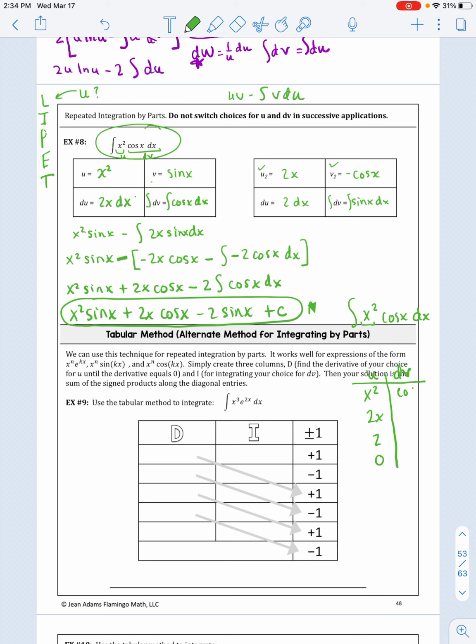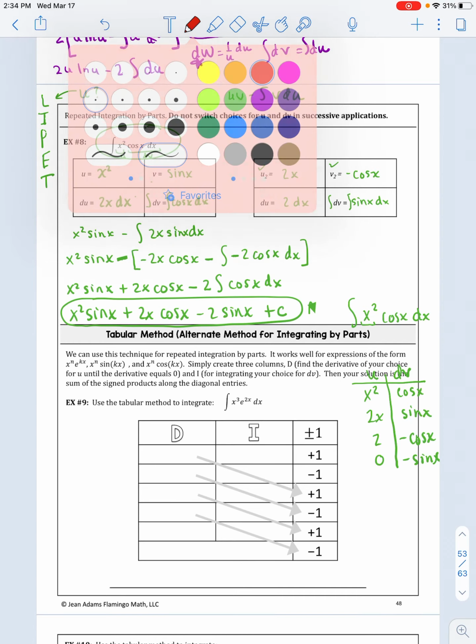For our first one, cosine x dx was our dv, so I'm just going to put cosine. And then I want you to integrate. What can I take the derivative of that would give me cosine? That would be sine. What can I take the derivative of that would give me sine? That would be negative cosine. What can I take the derivative of that will give me negative cosine? That would be negative sine. And you can stop there, okay, because you get to 0 at that point. So when you get across from the 0, you can stop.